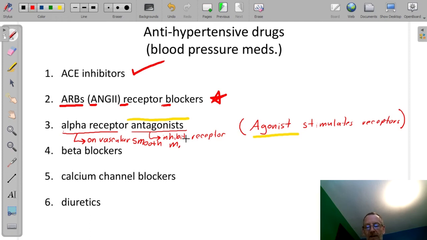They block the alpha receptor, so norepinephrine from the sympathetic nervous system can't cause vasoconstriction. Another class are the beta blockers, and those we're talking about, the beta 1s primarily on the heart.